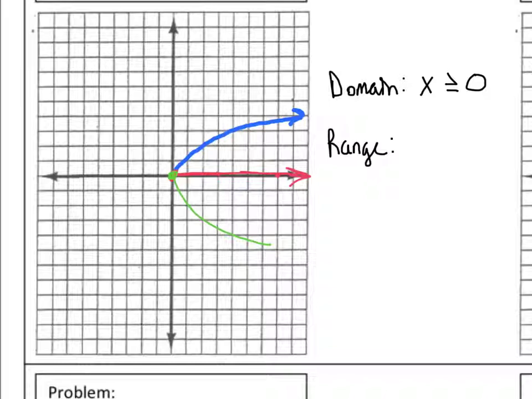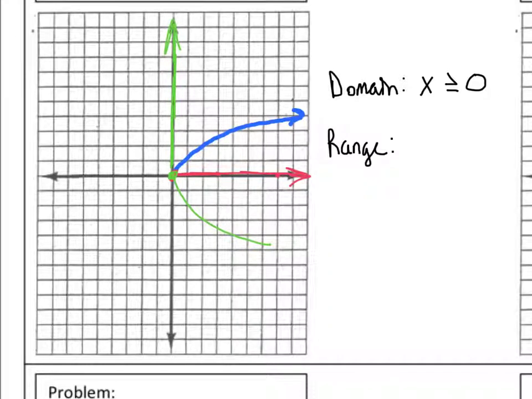And please remember that this graph does not level out. It's not going to start going up and then start leveling out and go horizontal. It continues to rise. It continues to get wider as it goes farther and farther in the positive x direction. So therefore, we can have any positive y value.